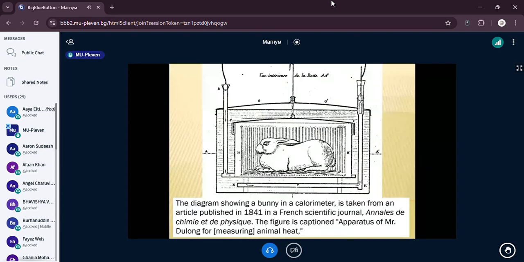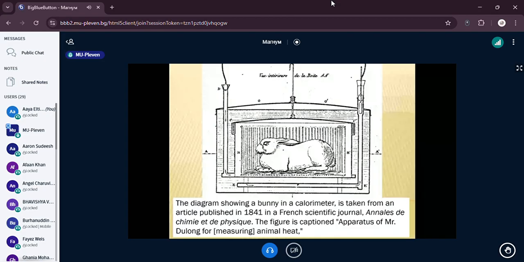There is a body being placed in a very tight chamber, not moving, since it mustn't perform any muscular activity. And you see, this is exactly a calorimeter. There is water here. Temperature can be measured. And what can be done here? To measure heat released by the burning.